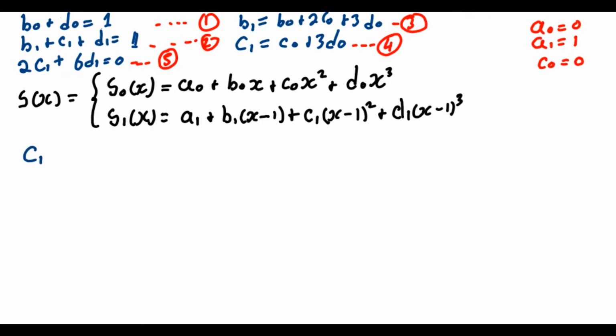I'll say c sub 1 is equal to, there's a 2 here, so that would be negative 6d sub 1. If I divide, c sub 1 will be equal to negative 3d sub 1, which I'm still going to take as my equation 5. So I'm just going to erase this one. I don't know why I didn't do that in the first place. So that would be c sub 1 is equal to minus 3d sub 1. From there I can now start to simplify everything that I need.